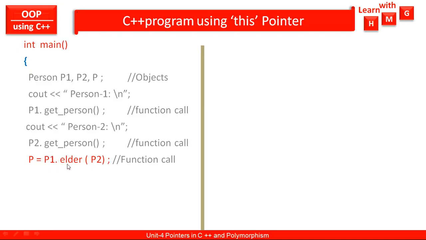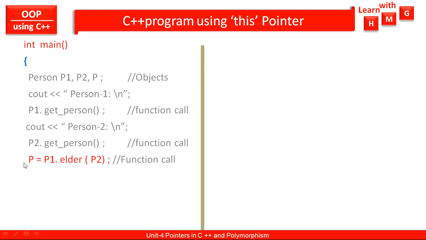Then the elder function will return either the calling object or the argument object, and whichever is returned will be assigned to the p object. So the result will be available in the p object.